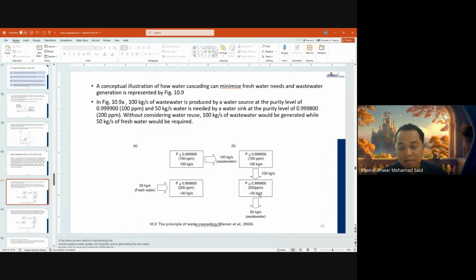Since it meets the requirement of the purity level, the amount of wastewater is reduced by 50 kg, by 50%, and no fresh water is needed for the second process. So by cascading instead of discharging, you simultaneously reduce the plant freshwater intake by 50 kg per second and its wastewater discharge by 50 kg per second. This is the simplest illustration of water cascading.